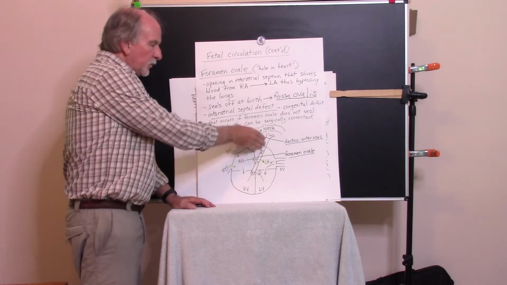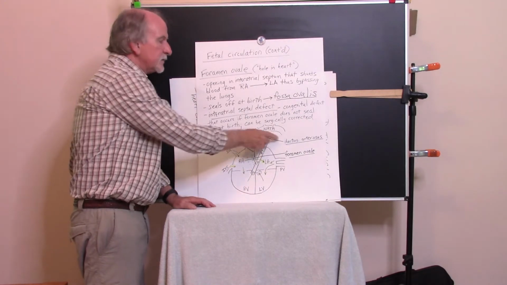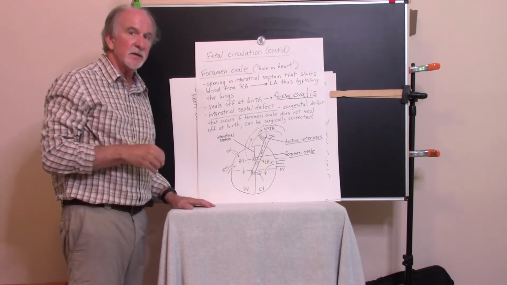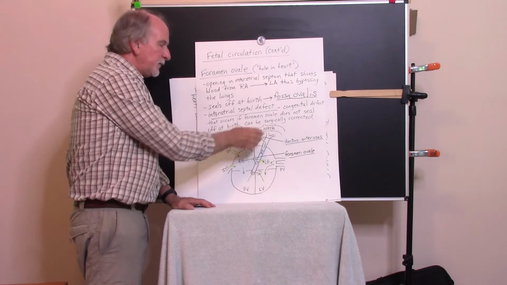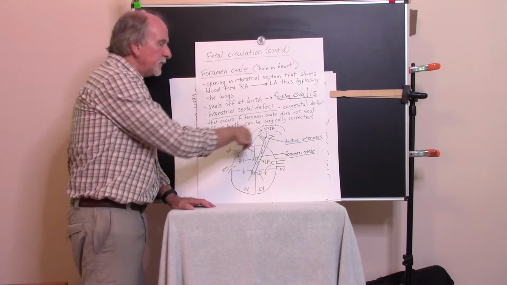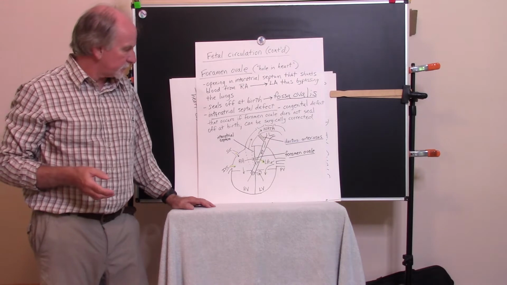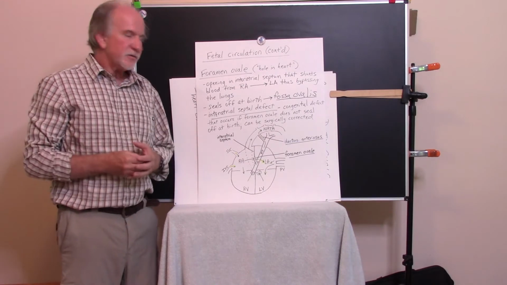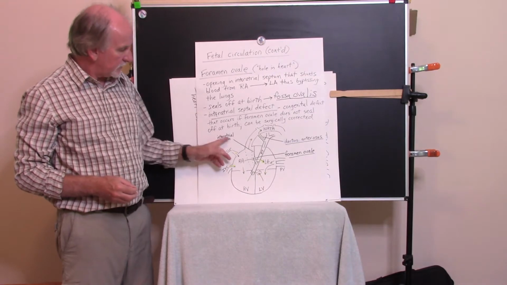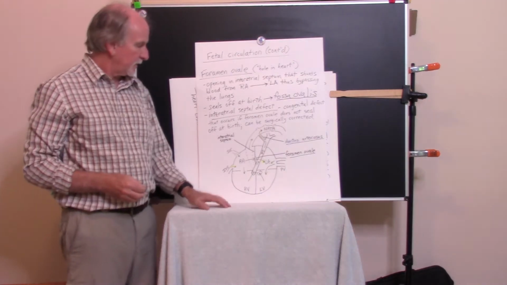So the blood in the pulmonary trunk goes through the ductus arteriosus, which is a fetal structure that seals off at birth to become the ligamentum arteriosum. But in the fetus, the blood in the pulmonary trunk goes through the ductus arteriosus into the aorta. And that's one of the two structures that I want you to know. The other structure I want you to know is a hole in the interatrial septum called the foramen ovale.